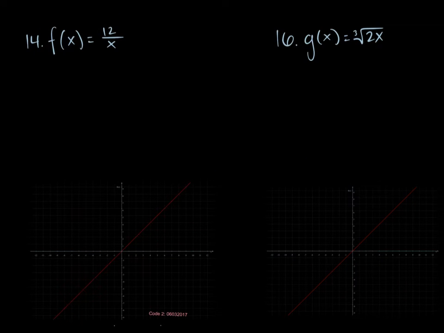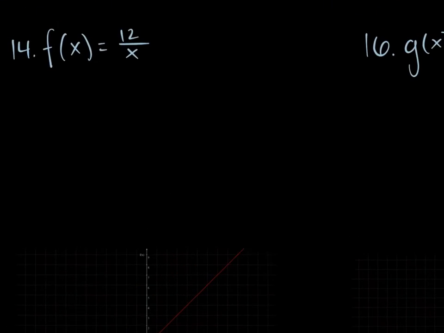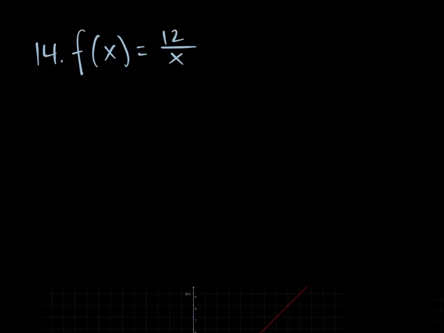So then let's look at 14. 14, they want us to find the inverse and then graph the inverse and the original function in the same coordinate system, all right? So for 14, there are a few steps. All right, if you look at your notes, the steps start with step 1 saying that we need to replace f of x with y. So we're going to do that. So y is equal to 12 over x.